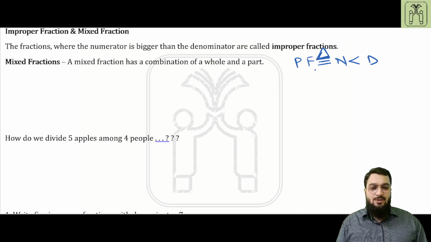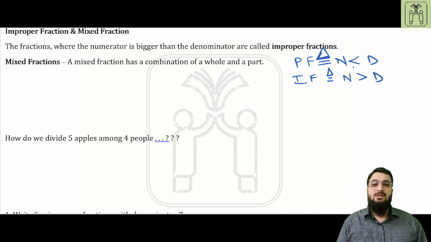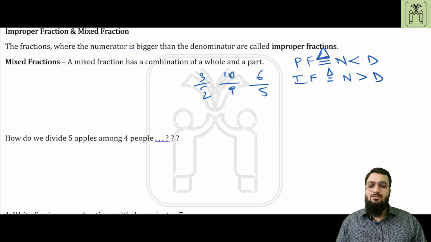And an improper fraction is a fraction in which the numerator is greater than the denominator. That is, the total number of parts in consideration is exceeding the number of parts in which a whole is divided into, such as 6 upon 5, such as 10 upon 9, such as 3 upon 2, and so on. So a fraction where the numerator is bigger than the denominator is called an improper fraction.